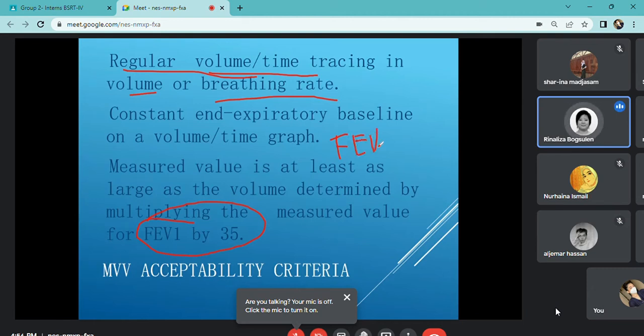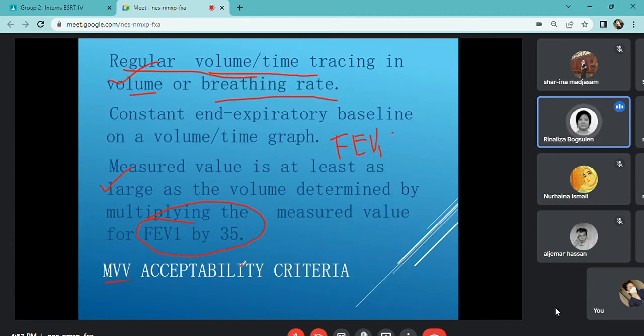The result should be as close as the value of your MVV that you measured. Once the value is as large as the volume you get by multiplying your FEV1 by 35, and you see a constant end-expiratory baseline or the regular pacing of your volume and your rate, then you can accept the test.